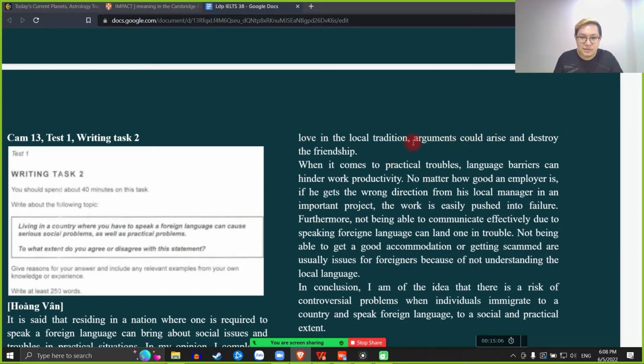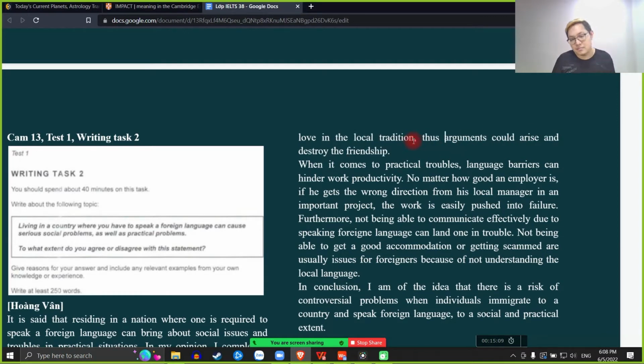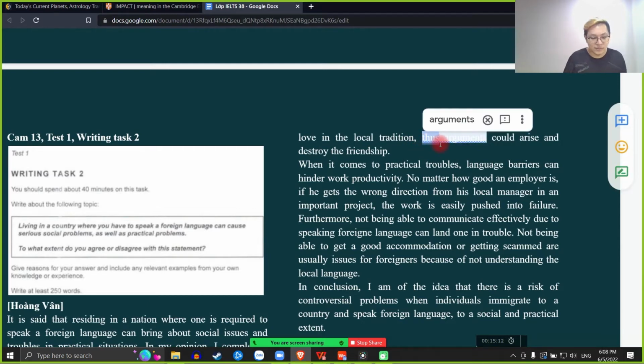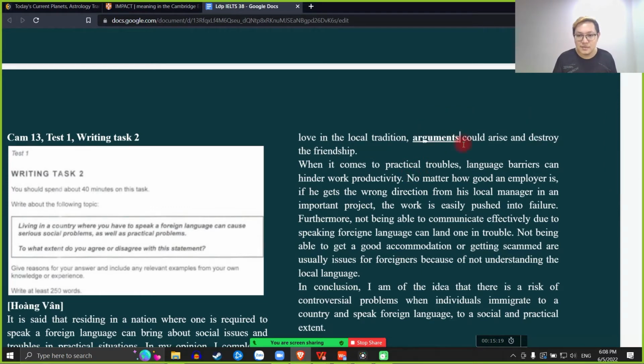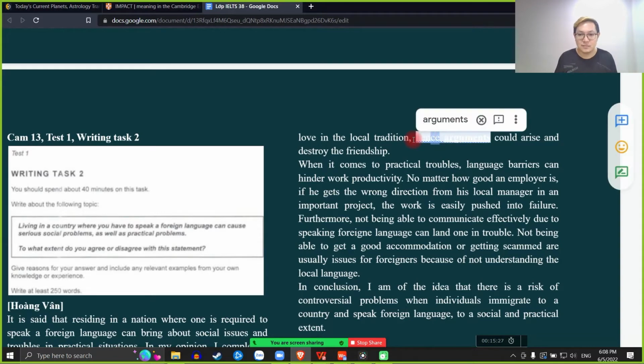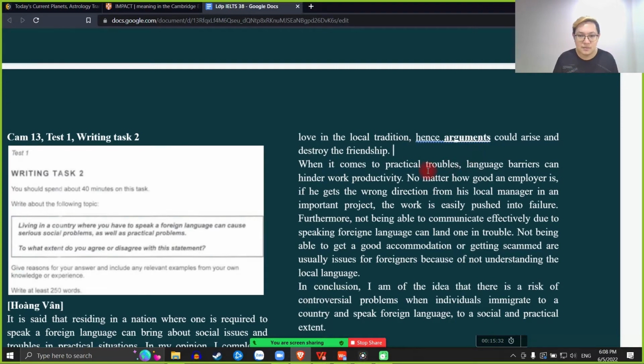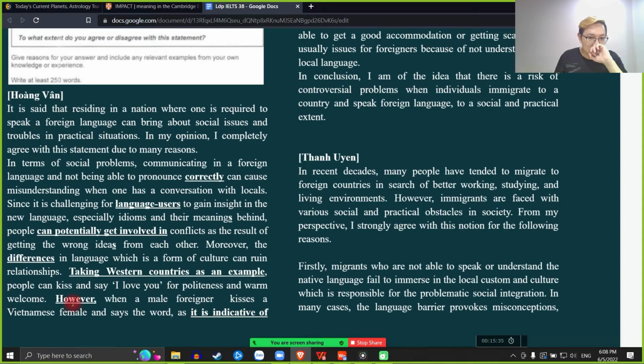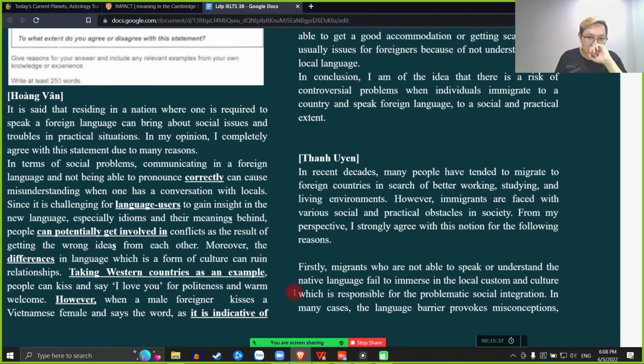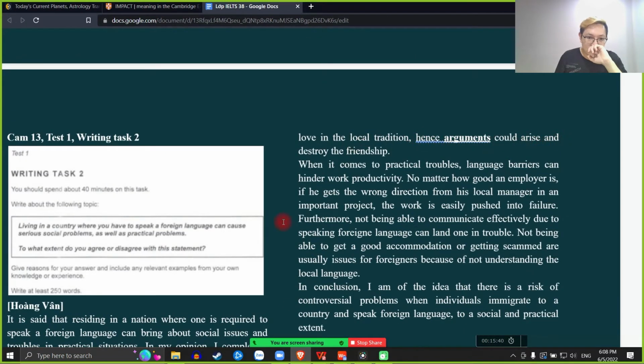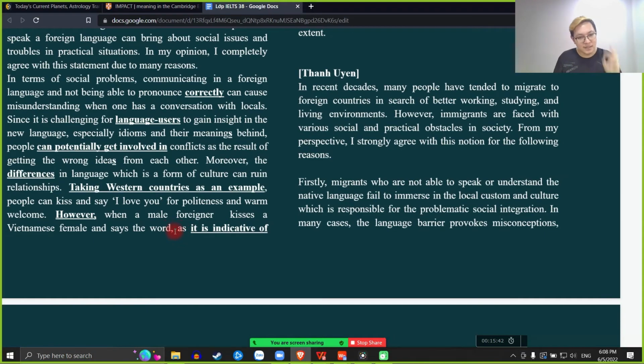Arguments could arise and destroy the relationship. Your essay lacks conjunctions, linking words here. Or you can say hence arguments could arise and destroy the relationship. Oh, I understand now.